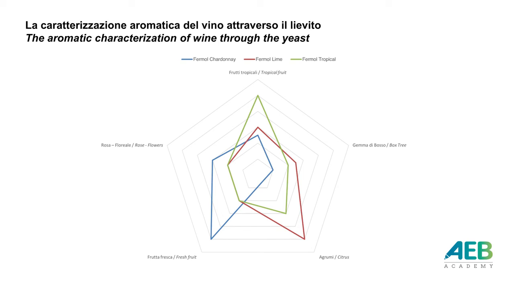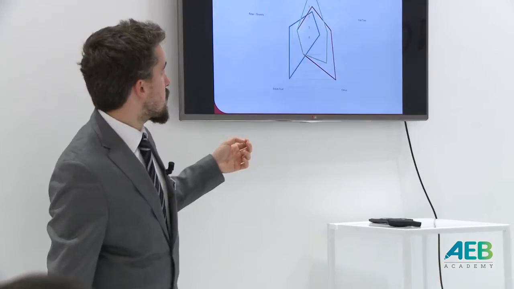The other two are quite a bit different, because they are able to give you some descriptors, some sensations that lean towards tropical fruits, especially for Fermol Tropical, and the other one, Fermol Lime, towards citrus, so grapefruit, lime, lemon, orange, and so on.